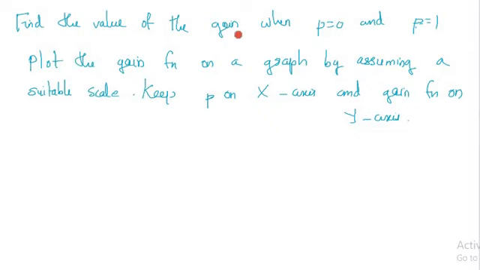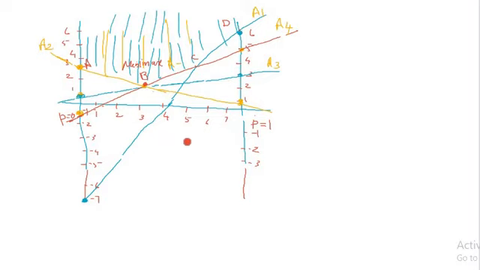Next we can find the value of the gain when P equals 0 and P equals 1. For that, plot the gain function on a graph by assuming a suitable scale, keep P on the x-axis and the gain function on the y-axis. The graph is shown here. The blue line corresponds to the straight line joining -7 and 6, and name it as A1.